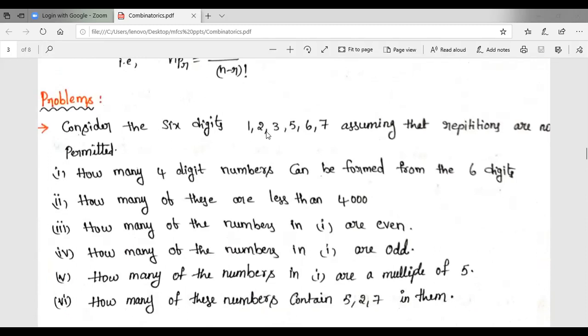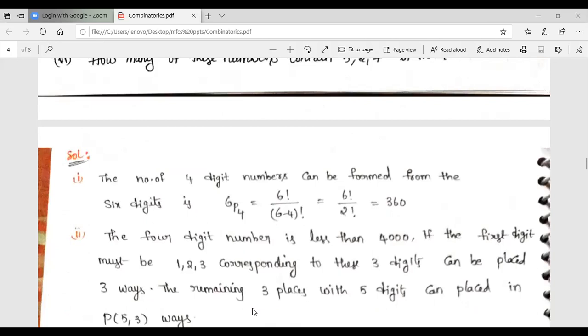Starting with these, the number will be less than 4,000. If a 4-digit number is to be less than 4,000, the first digit must be 1, 2 or 3. Therefore, the first space can be filled in 3 ways.